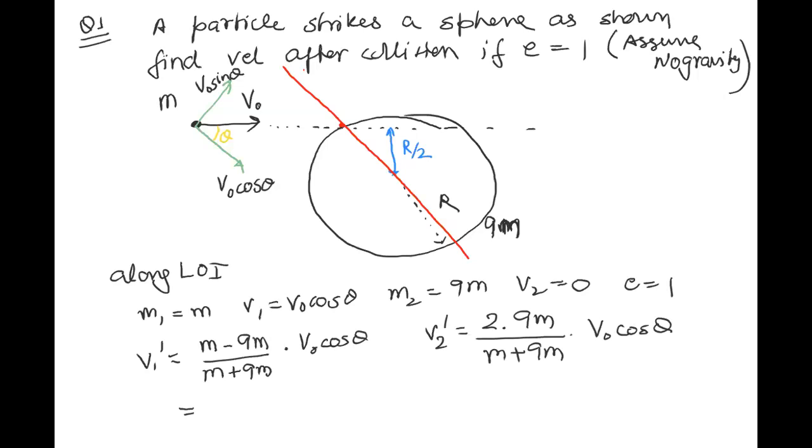So this will be equal to minus 4 by 5 v naught cos theta, and this will be equal to 18 by 10. 18 by 10 would be 9 by 5. 9 by 5 v.